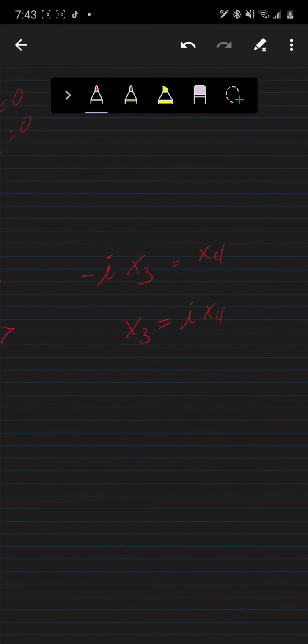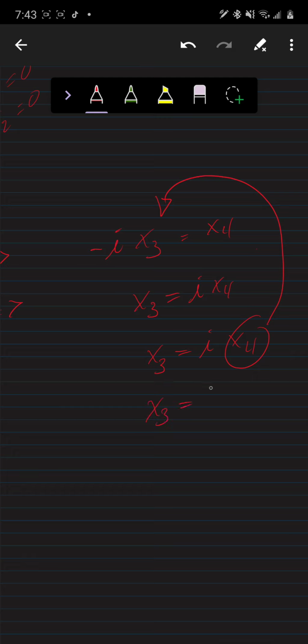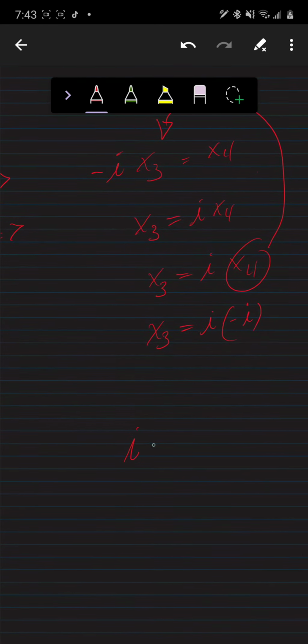Okay, for this one, let's try to solve it. The way I did it was, we have x3, which is equal to i x4. We know that this is going to be this because of this equation. So we're going to have x3 equals i times negative i. And we know that i times i equals negative 1. Since this is negative, it's going to be i times negative i, which is 1.